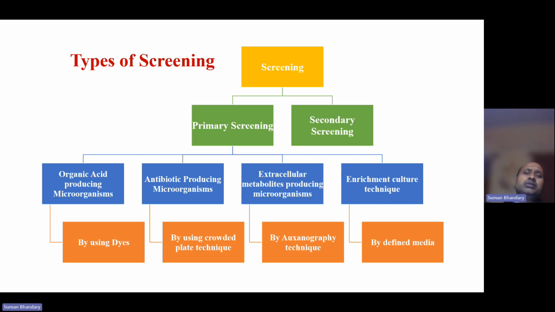Now, we will discuss the types of screening. Here we will discuss the two types of screening techniques: primary screening and secondary screening of microorganisms. The economics of a fermentation process largely depends upon the type of microorganism used.